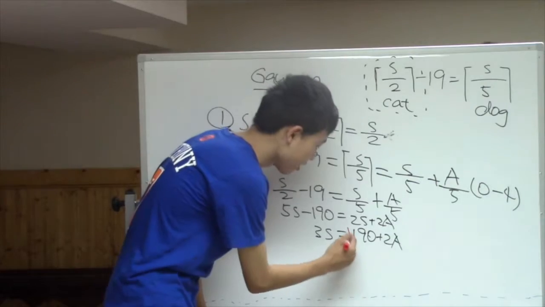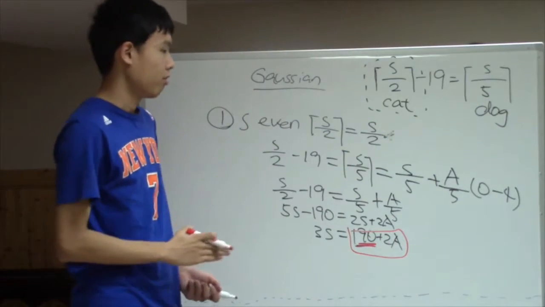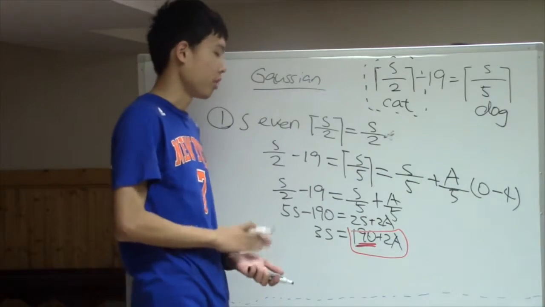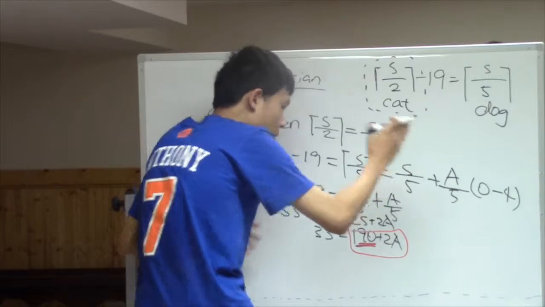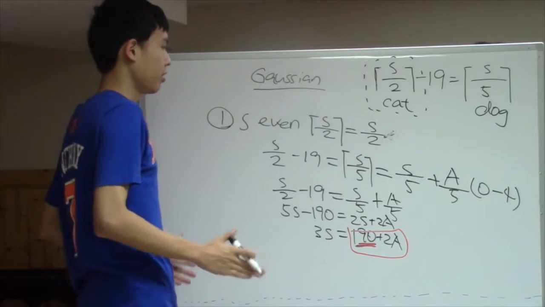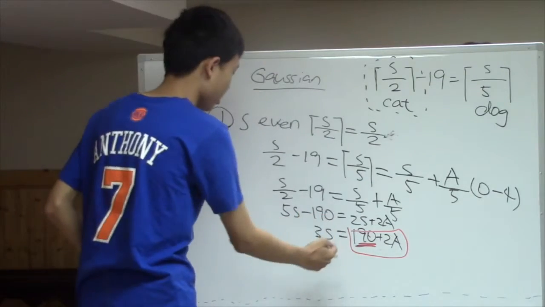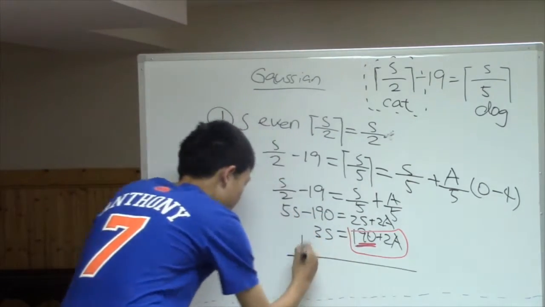But it's clear that 190 is not a multiple of 3. You need something like 192 or 195. So now we know there are only 5 choices for A, so we can see how many A's make this a multiple of 3.